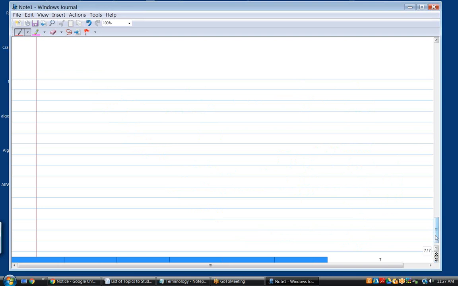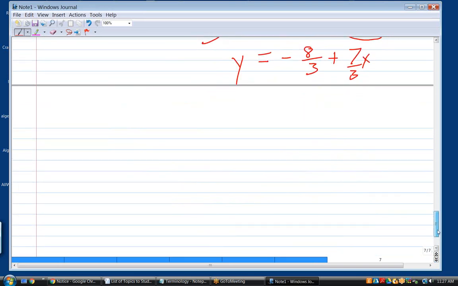Now, whether or not we do the last step or not, here's what most people would do. They usually want your form to be in y equals mx plus b format, correct? What's m in our equation? M is 7 thirds. What's b? Negative 8 thirds. Correct.